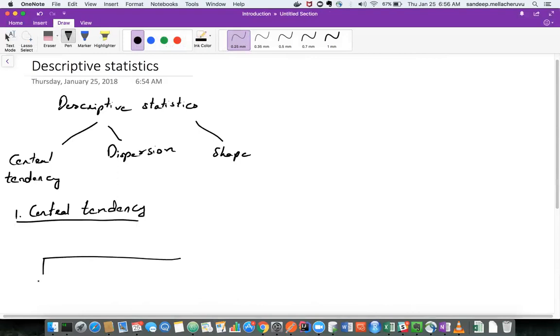So let's say I have heights information, the one that I showed. One person is 150 centimeters, another person is 155, 160, 180, let's say. So what we are going to look at as a central tendency is the center value, the mean or median value, which is lying exactly at the center.